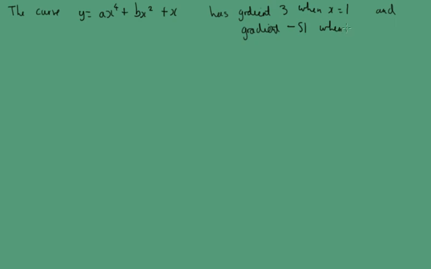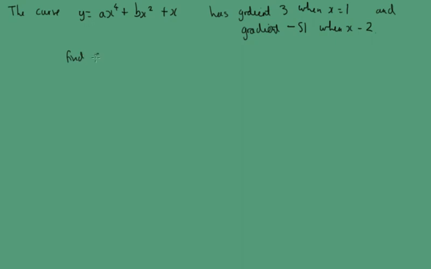Final example. The curve y equals ax to the power 4 plus bx squared plus x has gradient 3 when x equals 1 and gradient minus 51 when x equals minus 2.